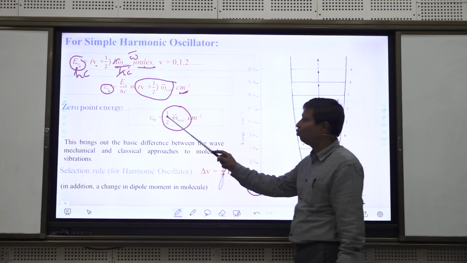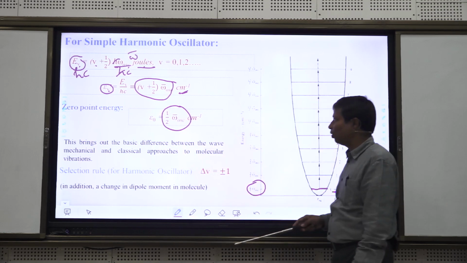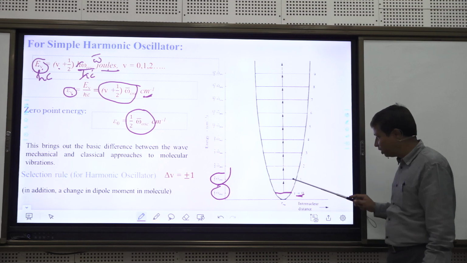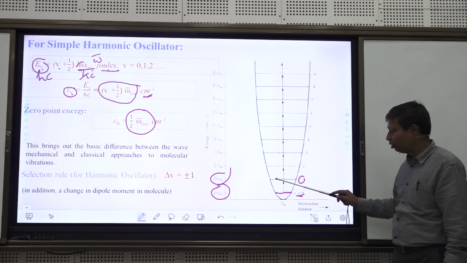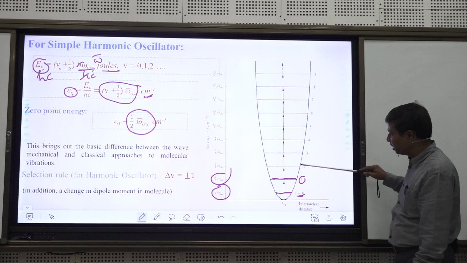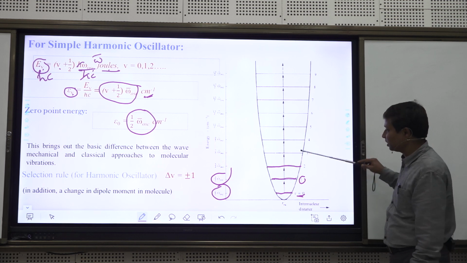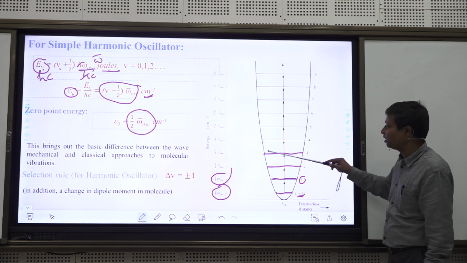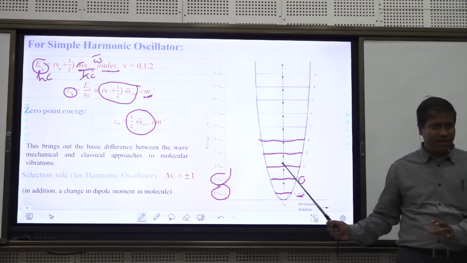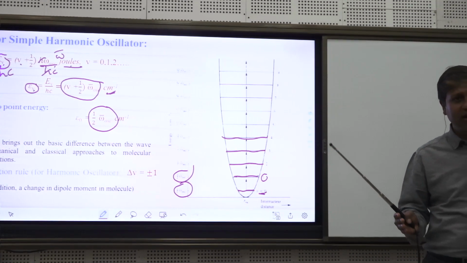Now V is equal to 1: 3 by 2 omega OSC. You can keep on calculating and get the vibrational energy levels in a diatomic molecule.